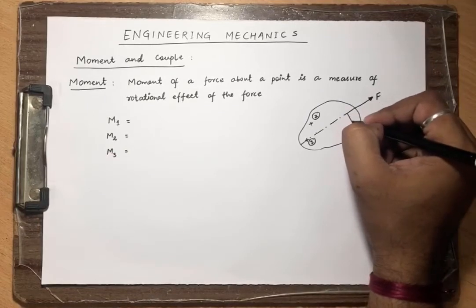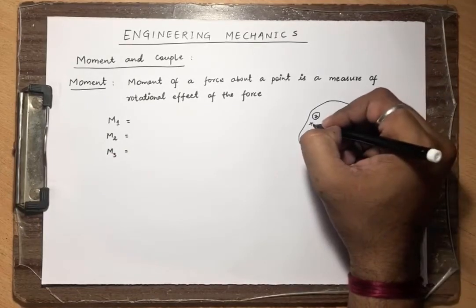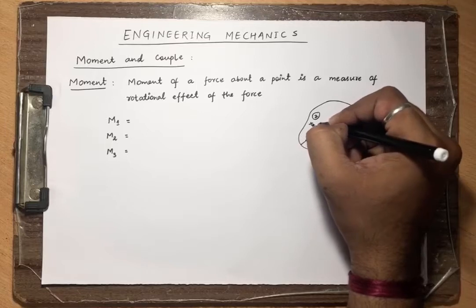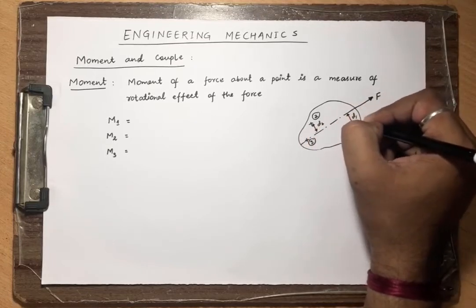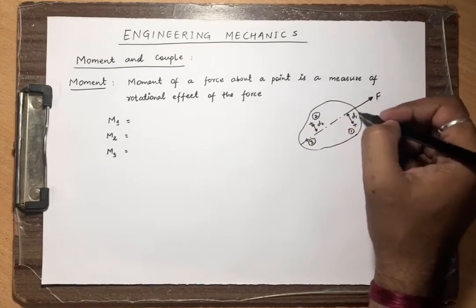So let us say this is d1, this is d2. What does this d1 and d2 mean?